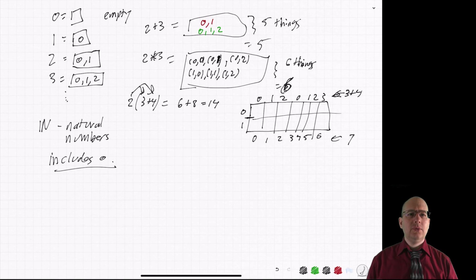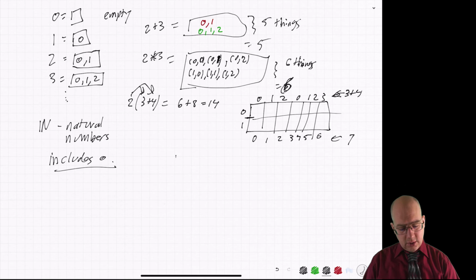Everything's cool. We know about addition, multiplication, subtraction and division. Subtraction undoes addition, and division undoes multiplication.